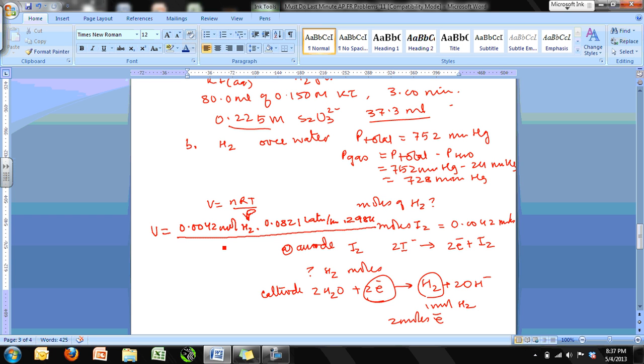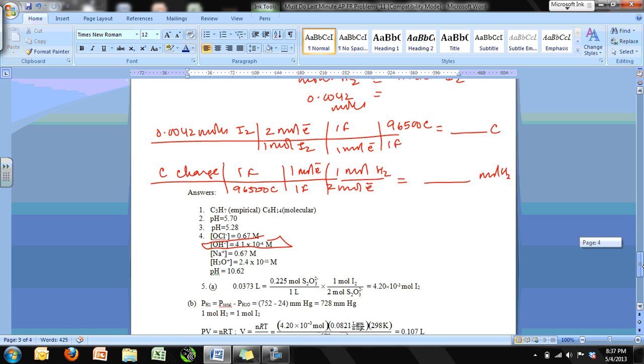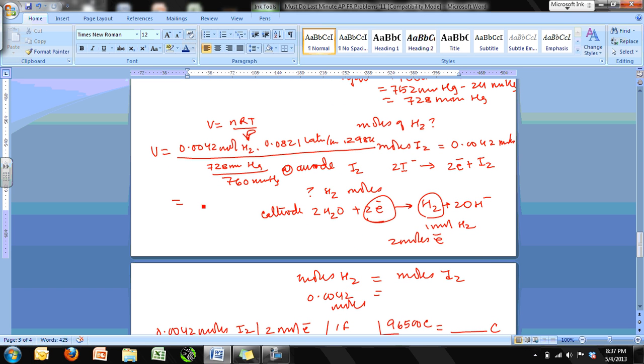The pressure of the dry gas collected was 728 millimeters mercury divided by 760 millimeters mercury. And when you solve it, you get the volume of hydrogen gas as 0.107 liters. This is a great example of a problem where redox, gases, and stoichiometry are all combined in one part.